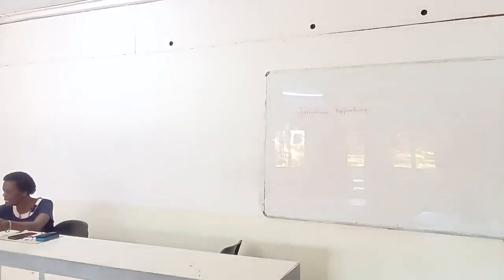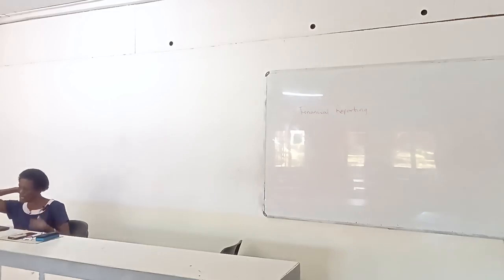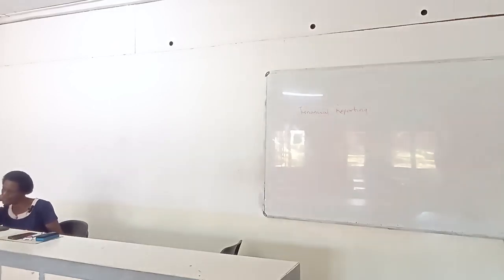So when we're talking about the three or four things that the university wanted us to know about: presentation of financial statements, the information involved, the articulation of the financial statements, where we have seen two, which are the balance sheet and the profit and loss account.